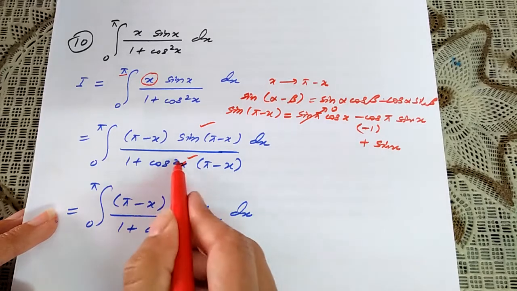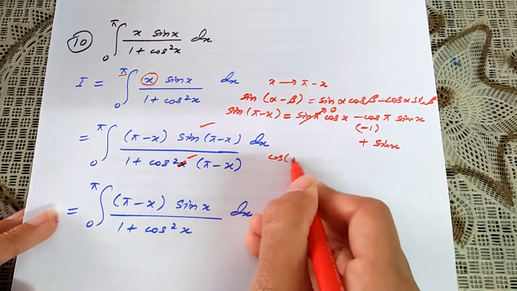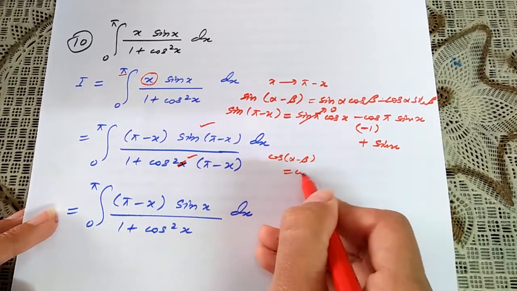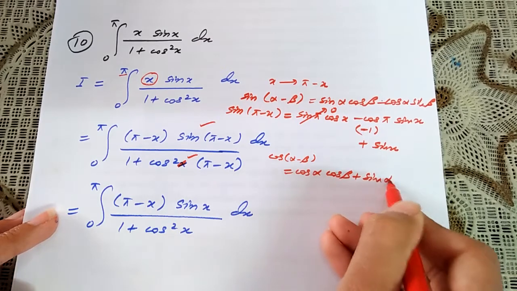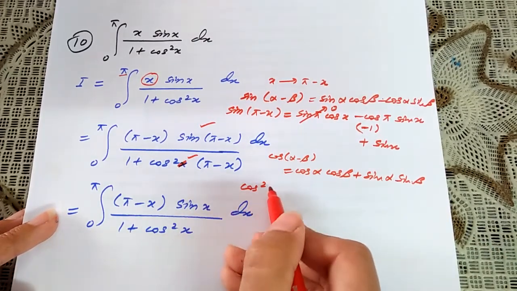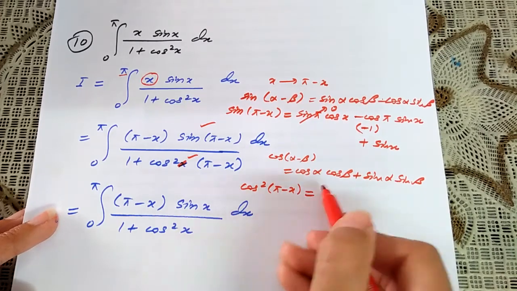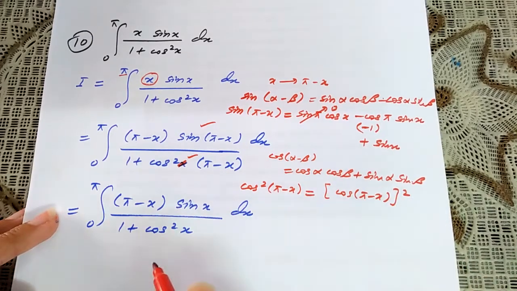Now we need to solve this cos square of pi minus x. We know that cos of alpha minus beta equals cos of alpha cos of beta plus sine of alpha sine of beta. Here we have cos square of pi minus x. We can write it as cos of pi minus x whole square.